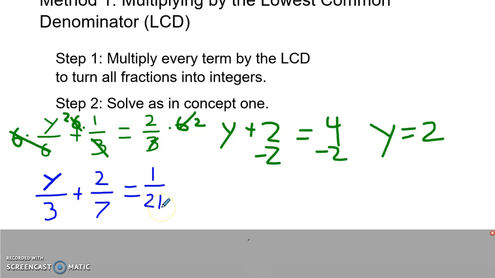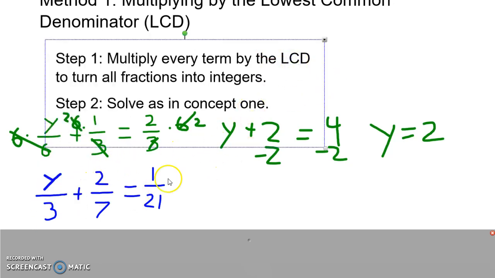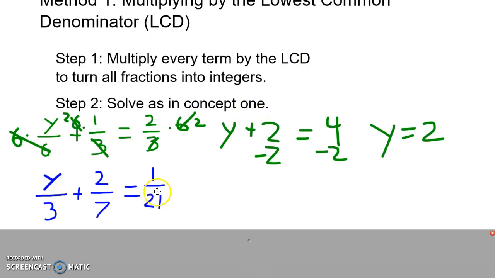However, now our least common denominator is not going to be underneath our variable. So you're going to see that it actually does add one step. Our least common denominator is going to be 21, because 3 and 7 are both factors of 21, so we multiply each term by 21.